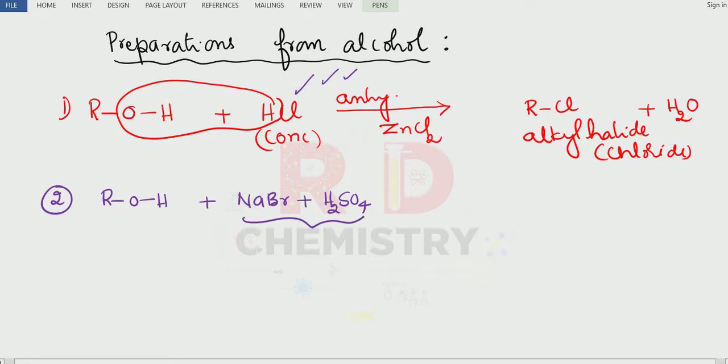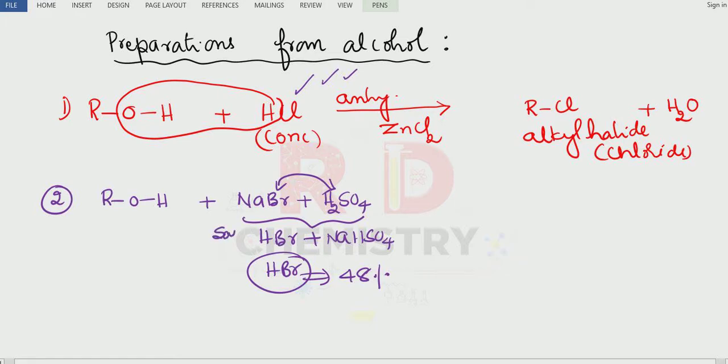This mixture will produce HBr and sodium bisulfate, NaHSO4. We can also directly make use of HBr, but we require a minimum of 48 percent hydrobromic acid, HBr liquid. Or we can make use of a salt.